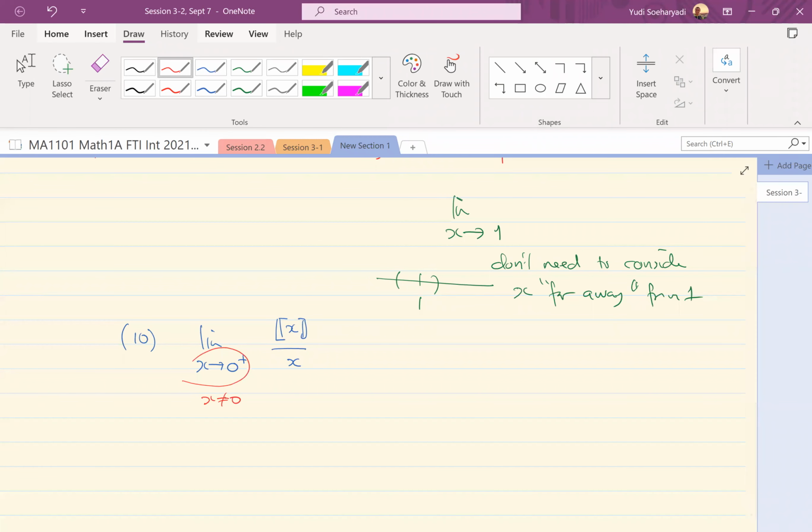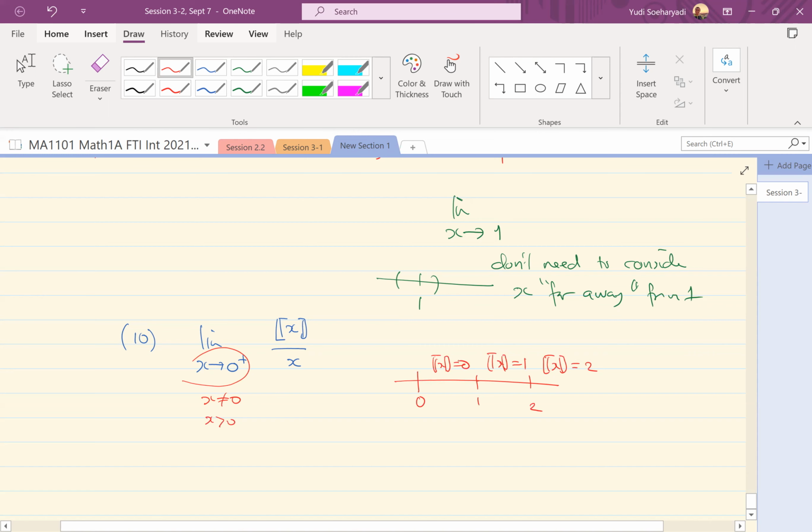So x is a very small number to the right, meaning positive. Here is the same case. Over here, this equals 2. Here equals 1, because you round down. Here, that's 0. So you don't need to go far away from 0, it just gets closer. So we just need to use this one.